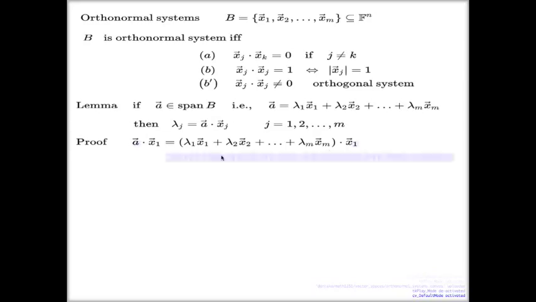So here's my application of the distributive law. x1 dot product x1, x1 dot product x2, similar treatment for the rest of the terms. The last one will be xm dot product x1.